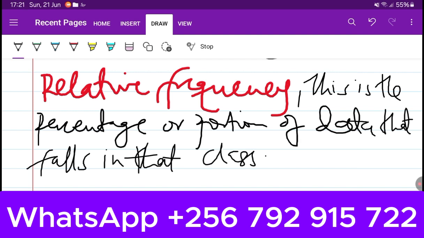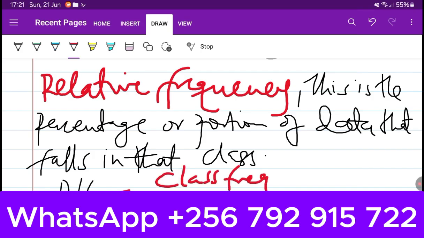So to find relative frequency, we can abbreviate it as RF. To find relative frequency, you get the class frequency over the total frequency, times 100 because it's a percentage.